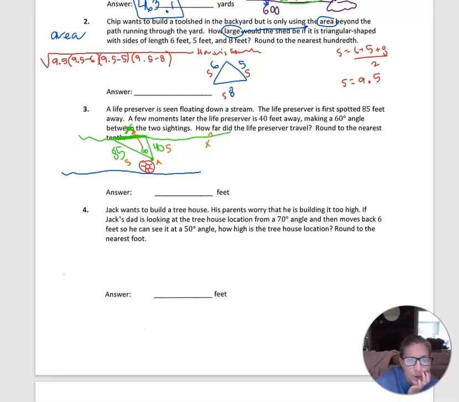We're going to call it X squared. We know that way down here, we're going to have the cosine of the angle that corresponds to X, which is 60. Over here, we take the two sides and square them. So 85 squared plus 40 squared minus 2 times one of those sides, which is 85, and the other side, which is 40.